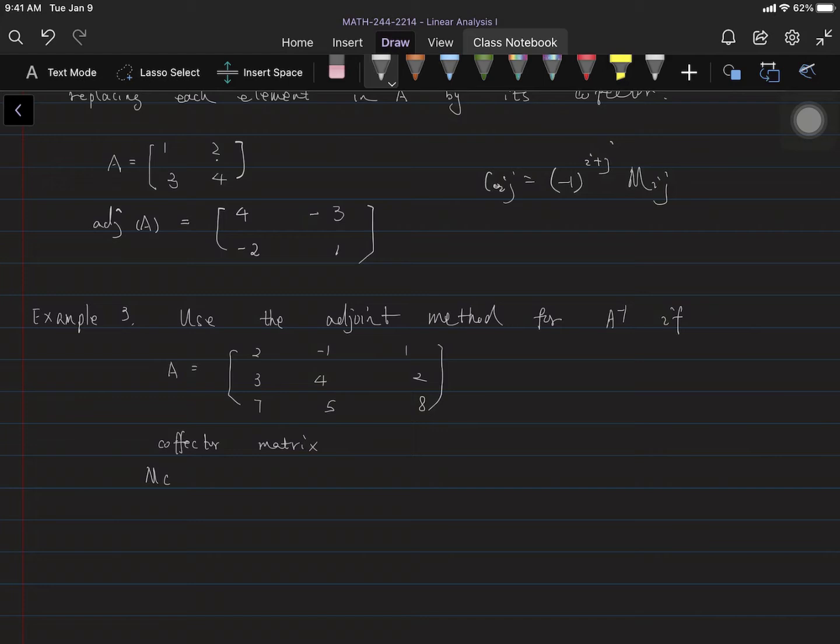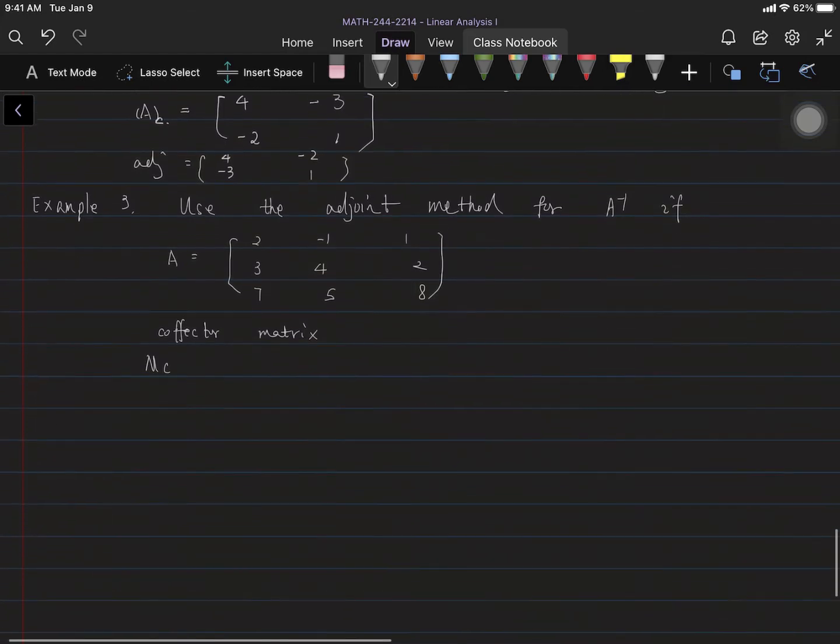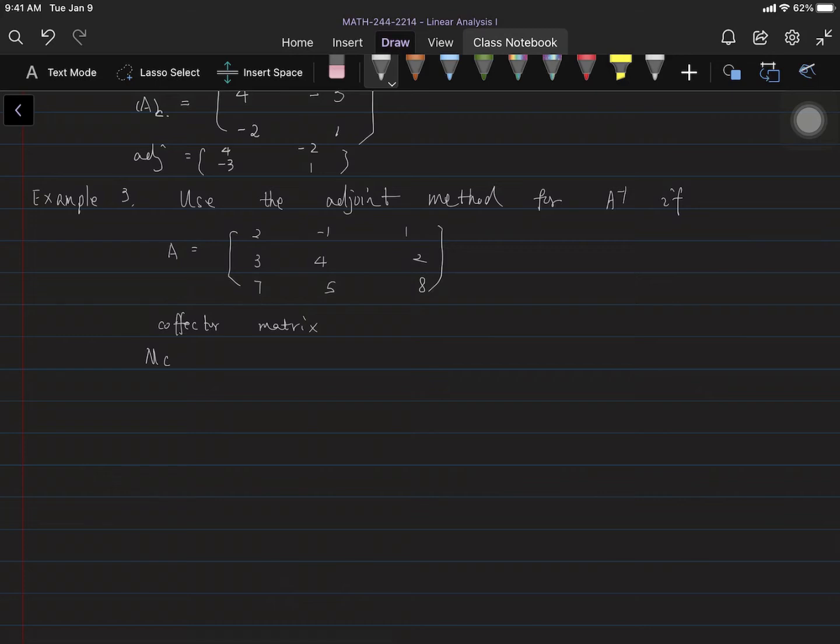For this one, we forgot to transpose actually. This is cofactor matrix. Adjoint, we should transpose. So first row becomes first column, second row becomes second column, should be like that one. Okay, I'm sorry, forgot to transpose.